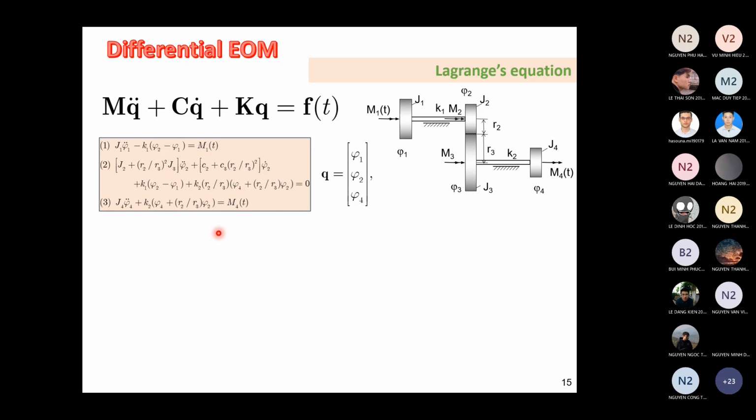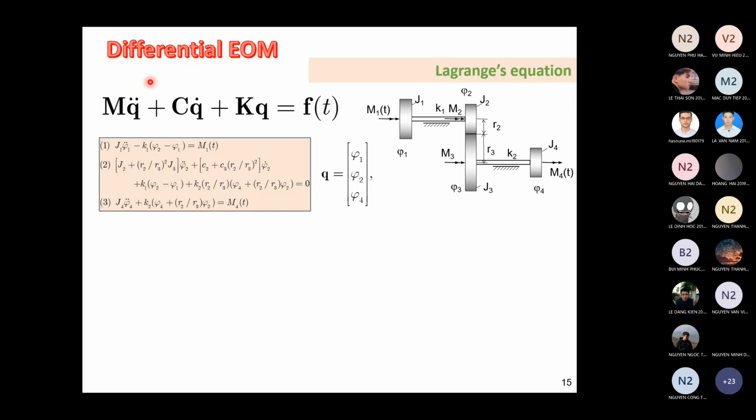What is the size of the matrices M, C, and K? 2 and 2, or 3 and 3, or 4 and 4? 3 by 3. Yes, 3 and 3.